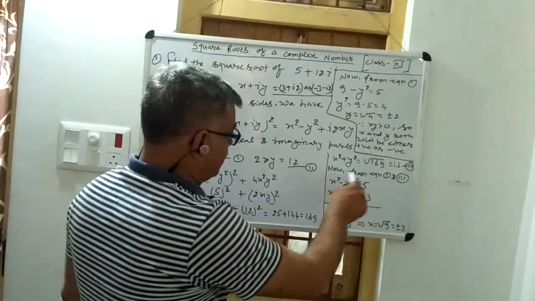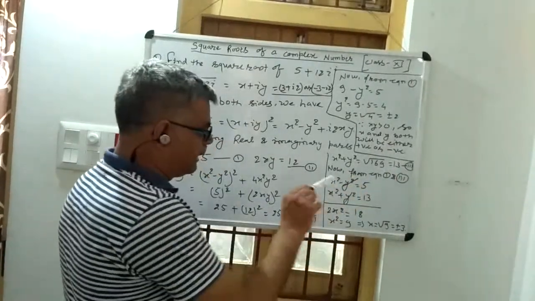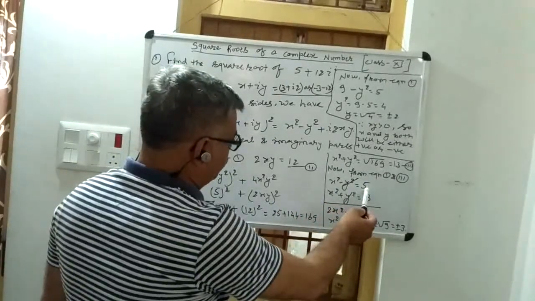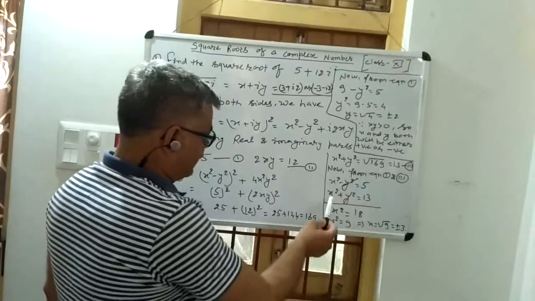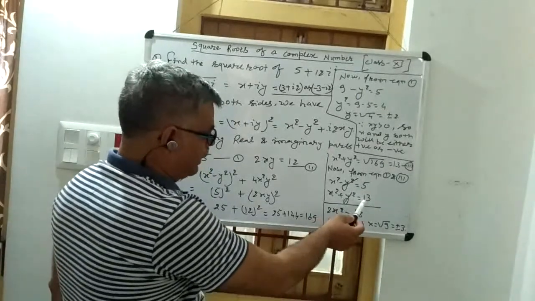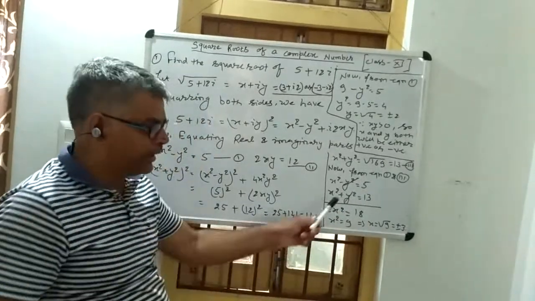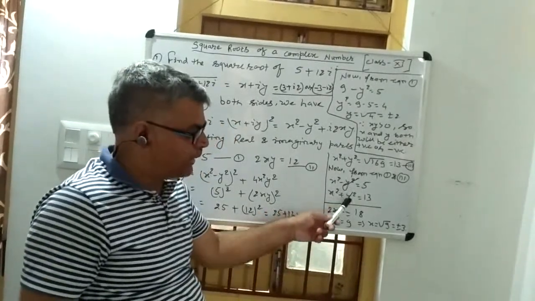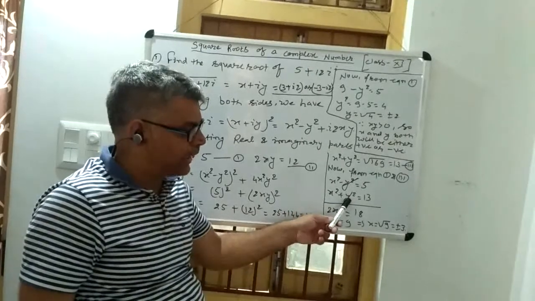Now solve equations 1 and 3 by the elimination method. We have x square minus y square equals 5 from equation 1 and x square plus y square equals 13 from equation 3. On adding, plus y square and minus y square get cancelled.